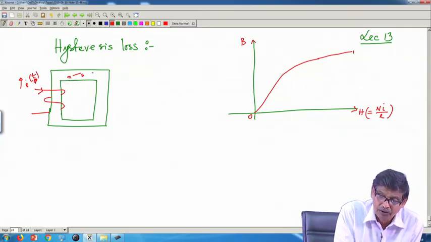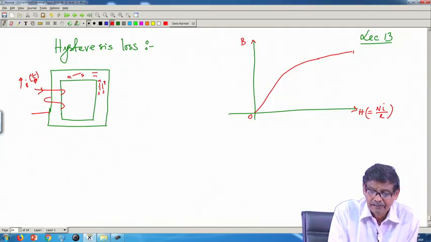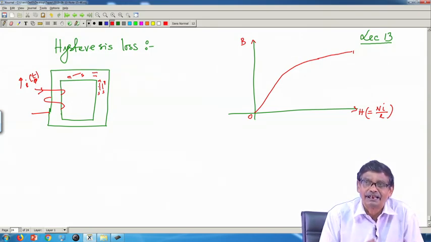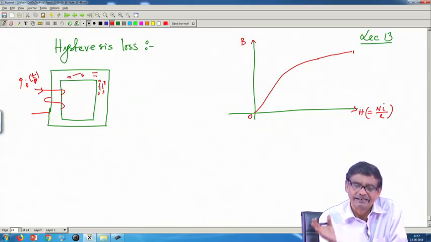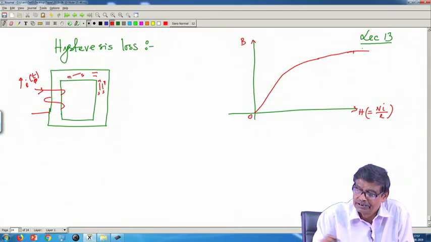And after all the magnets are aligned, then further increase in H, what further to align? Everybody has become a disciplined soldier and they are in line. That is why this saturation zone takes place. That way you can think.